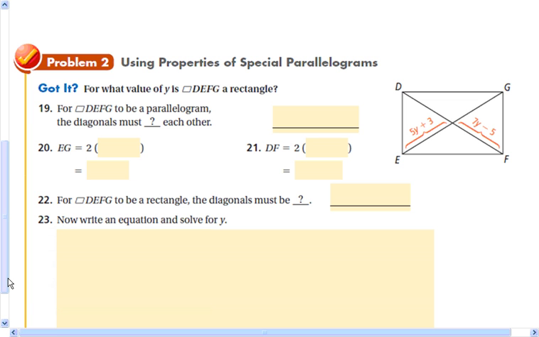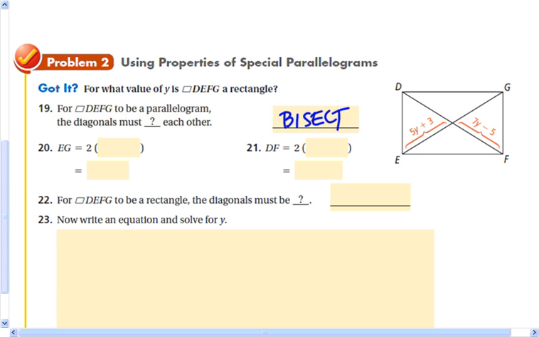For what value of y is parallelogram DEFG a rectangle? For DEFG to be a parallelogram, the diagonals must bisect each other.